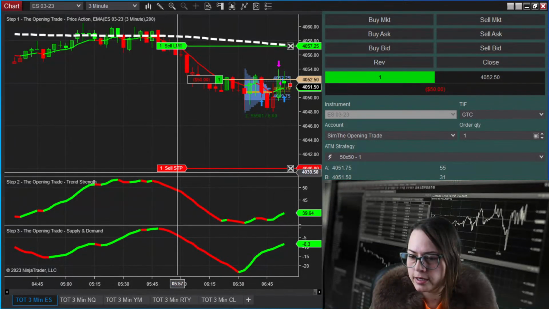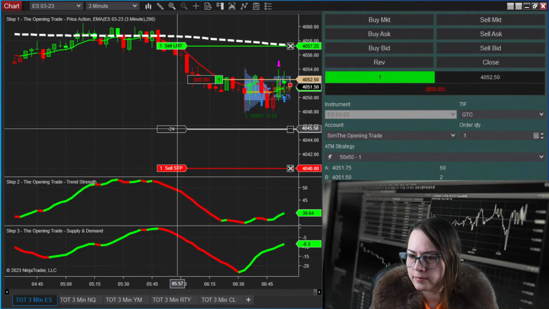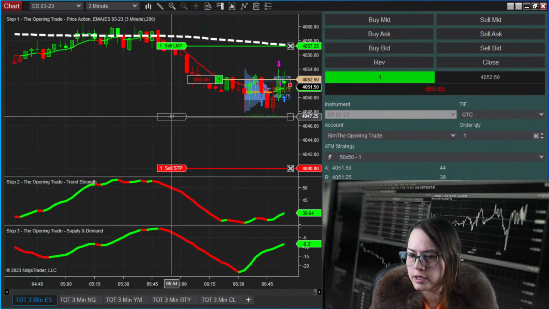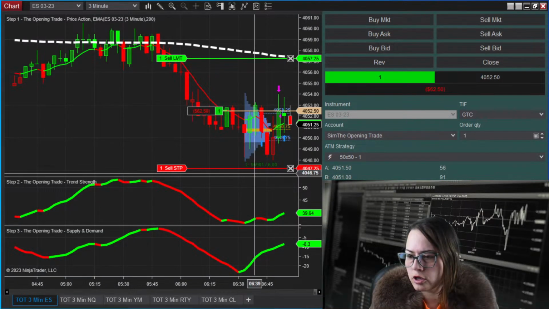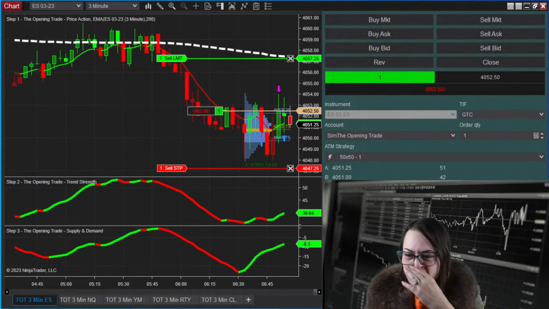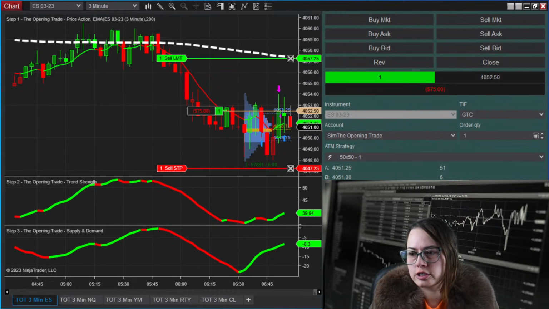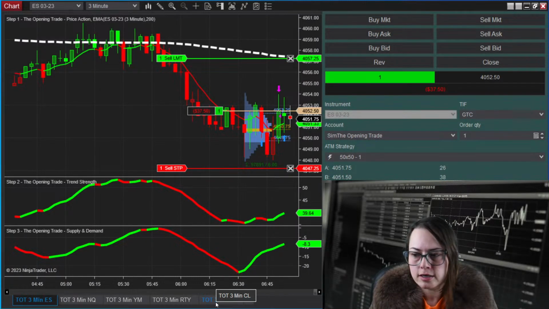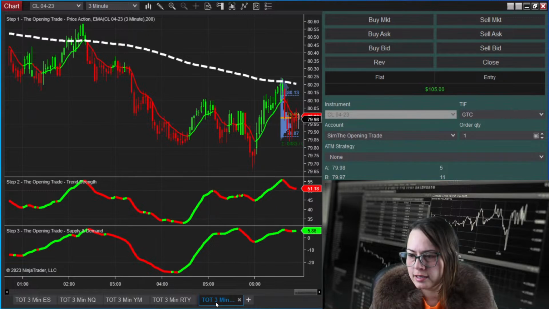So I'm gonna move my stop loss up below the current recent swing low, just so that while I'm looking at the other charts and possibly doing other manual trades, I don't have to be nervous like I was. Let's see if I can get my bars back. Is it this? Hello?